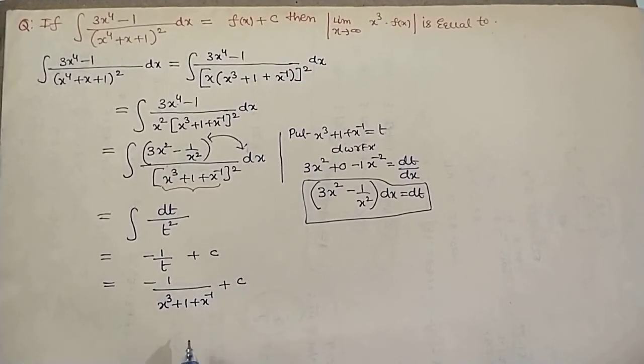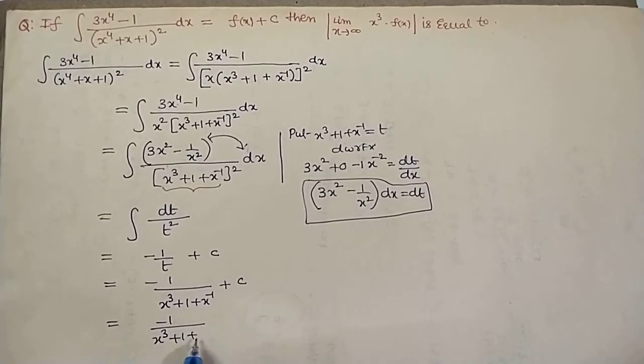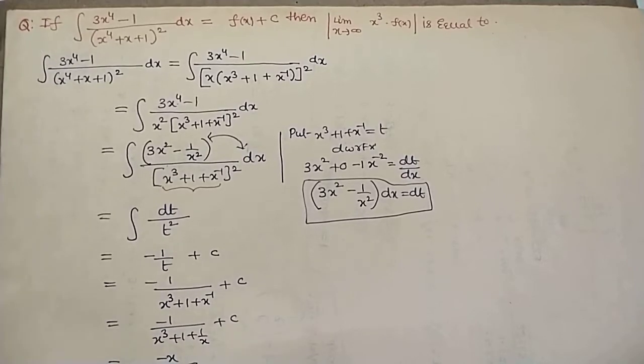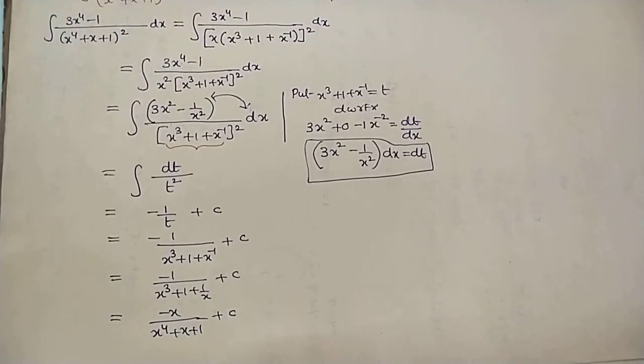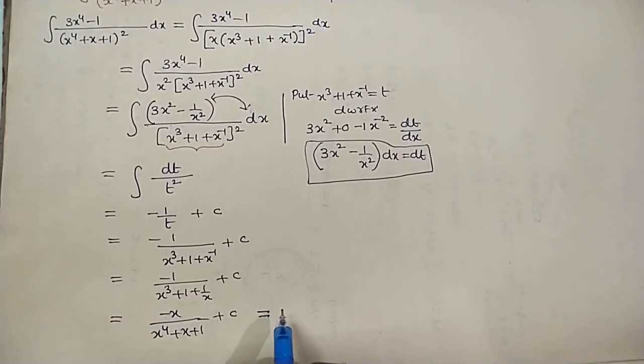After that, you can simplify, which is equal to minus 1 by (x power 3 plus 1 plus 1 by x) plus c. So after taking LCM, x will become the numerator, by x power 4 plus x plus 1, plus c. This value you have to compare with f of x plus c.